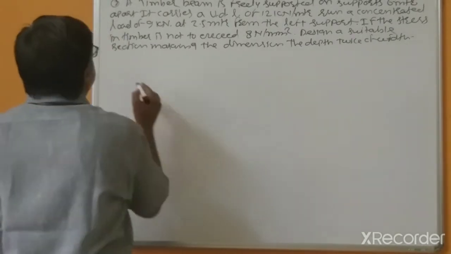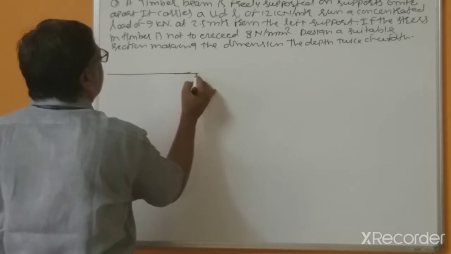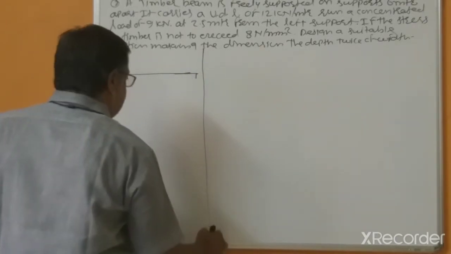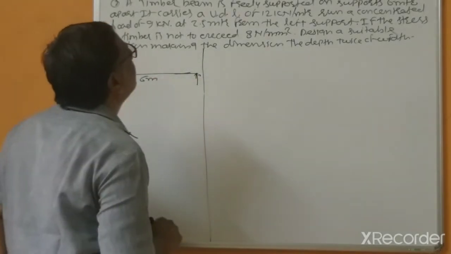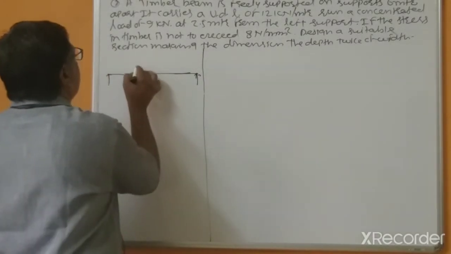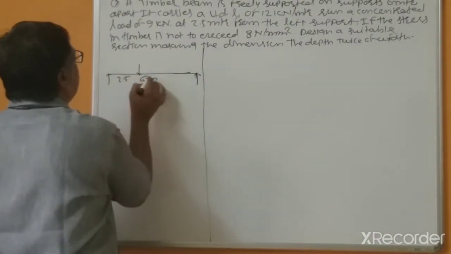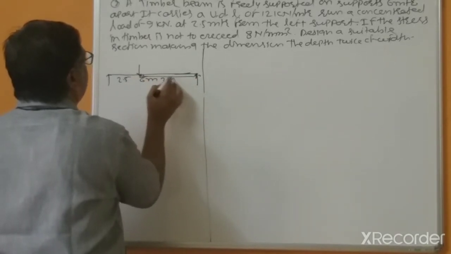Freely supported 6 meters. So this is freely supported 6 meters. This is 2.5 meters, and the remaining 3.5.